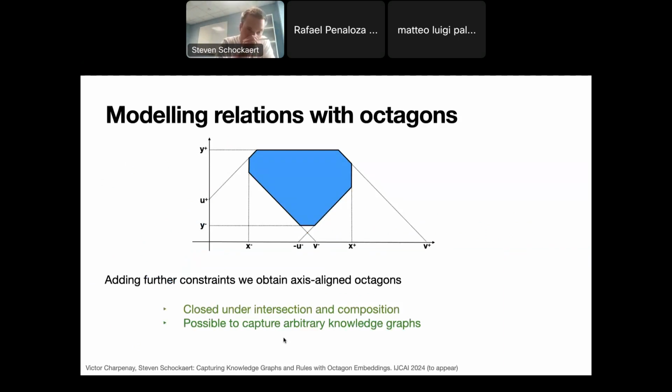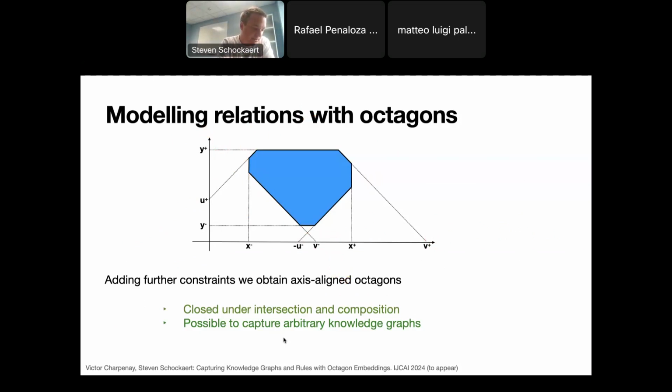So what we do with the octagons is, we still have the trans-E constraint, these u constraints here. We still have the x constraints and the y constraints. But now we add one more set of constraints, which is that the region is bounded by these 2 lines, which are also at a 45-degree angle, but orthogonal to the 45-degree angle of the trans-E constraints.